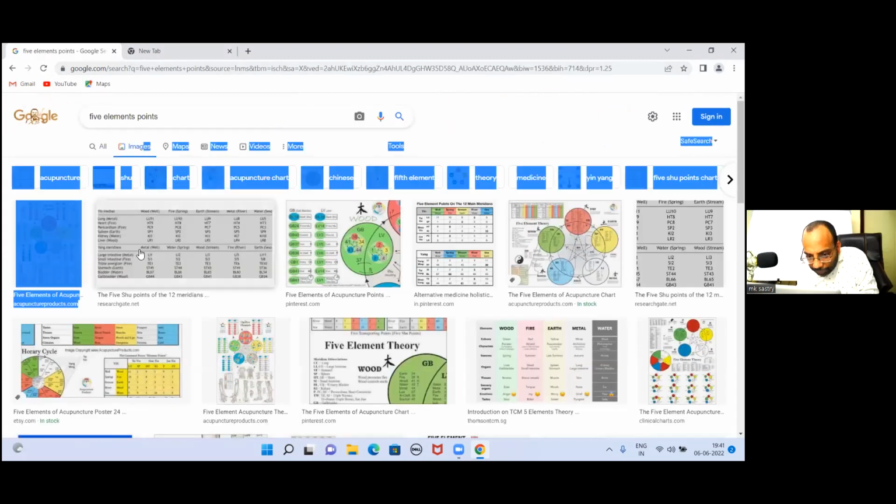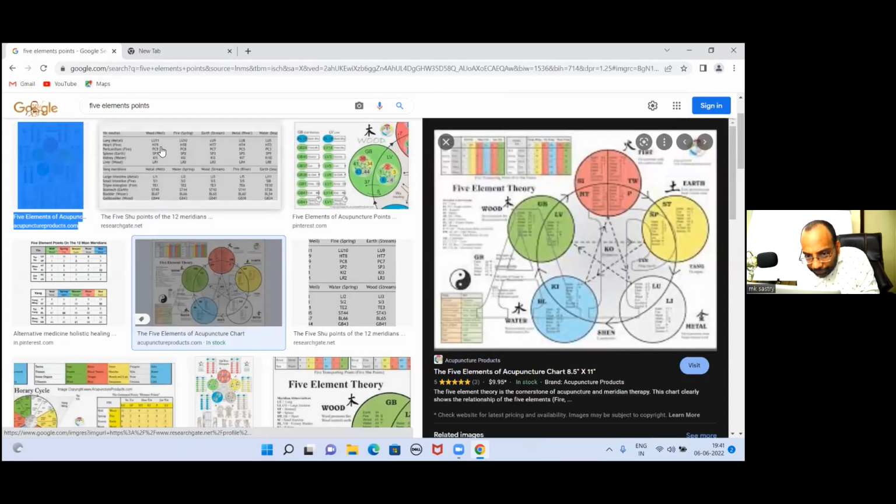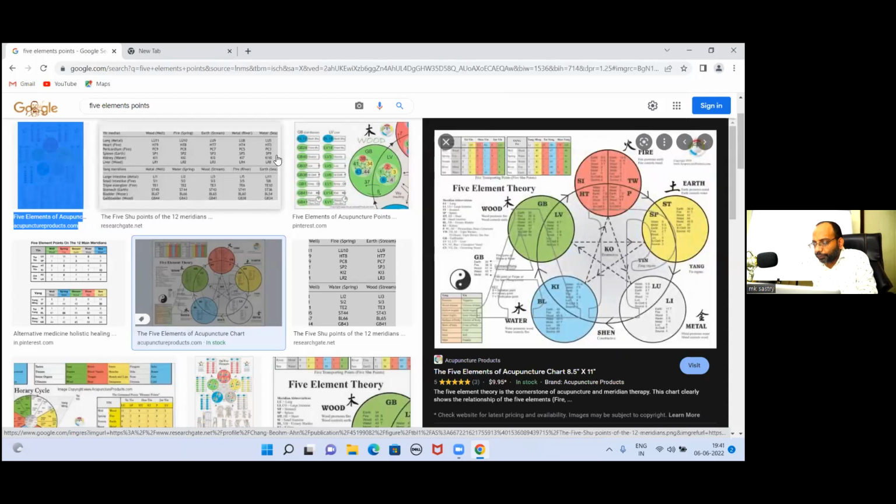So here you can see the 5 element points. Where are the points? Can you see? Yes, sir.